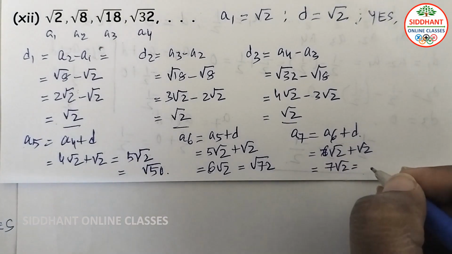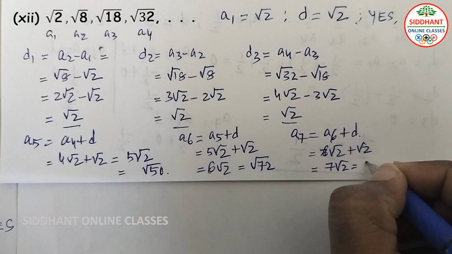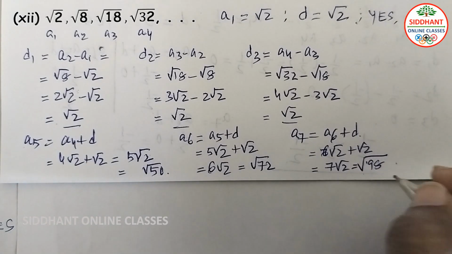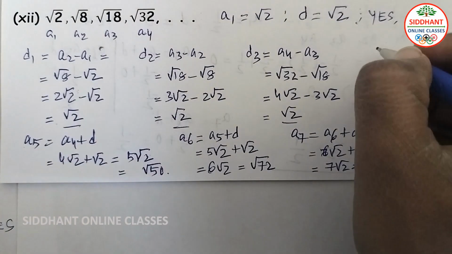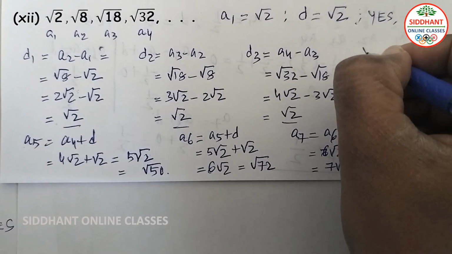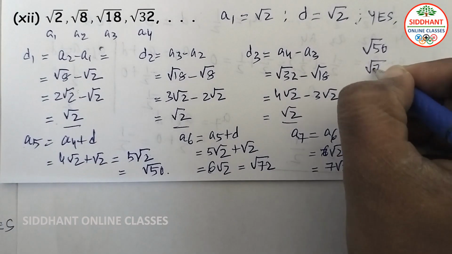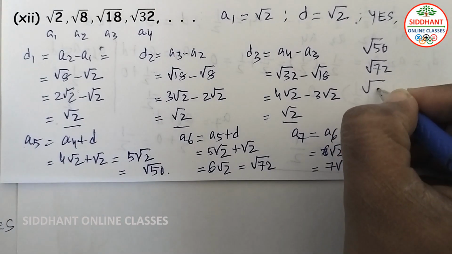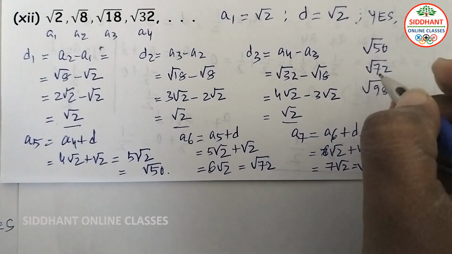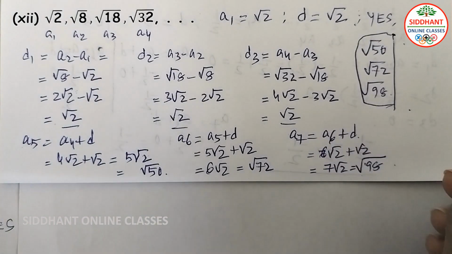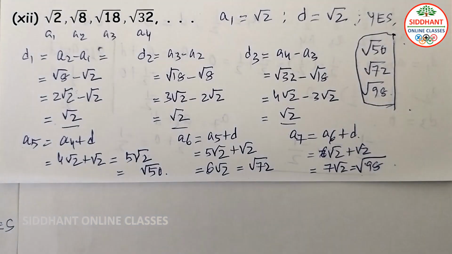So 7 inside means 49, 49 into 2 is 98 here. So root 98 is here. So the next three numbers are root 50, root 72, root 98. So these are the three terms here.